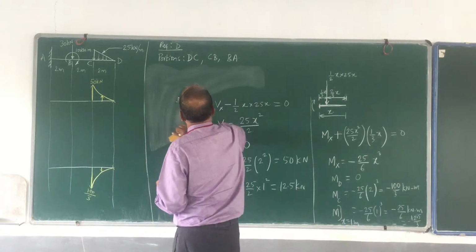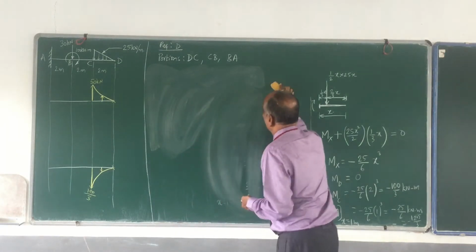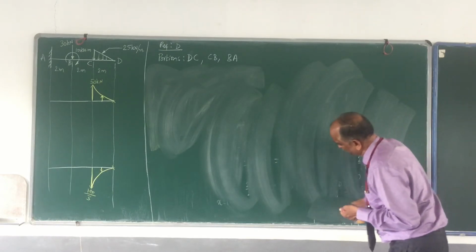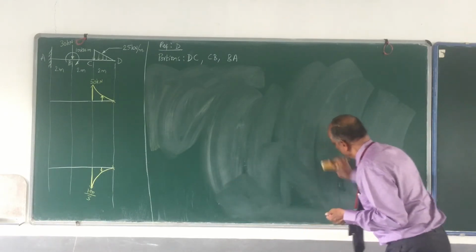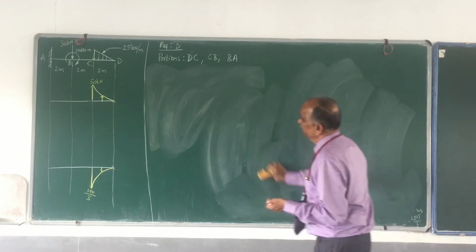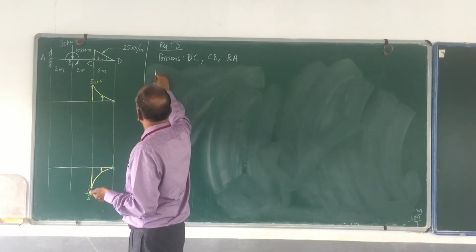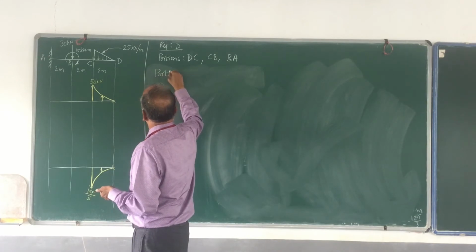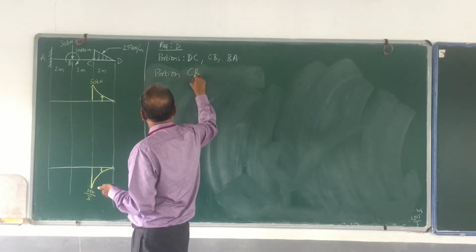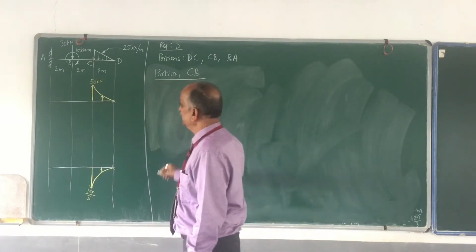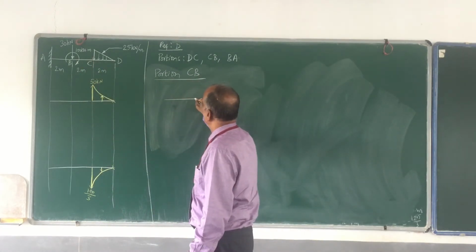Now let me go to the next portion, the portion CB. Take a section between C and B and draw the free body diagram.